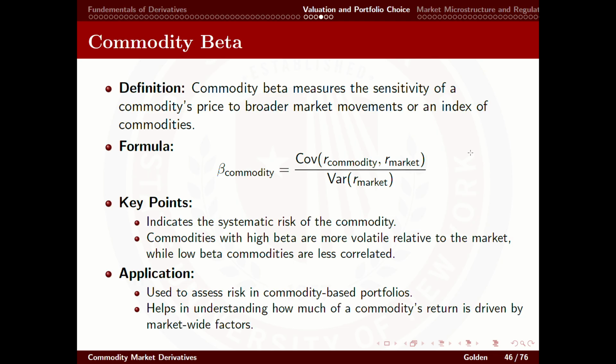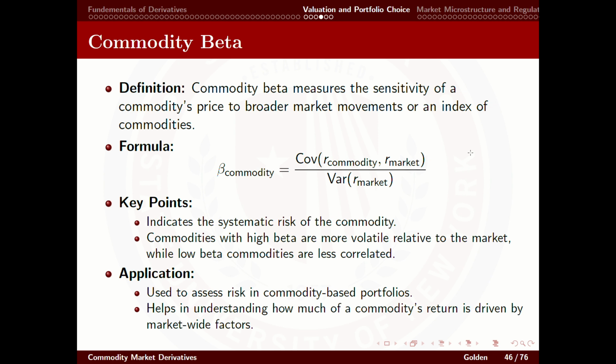And then low beta commodities are less correlated. We know from traditional finance that even if you have risky assets, even if your commodity is very risky, you can create a portfolio that's less risky by buying a certain amount of that risky asset and a certain amount of treasury bonds. This is something we know from the capital asset pricing model.